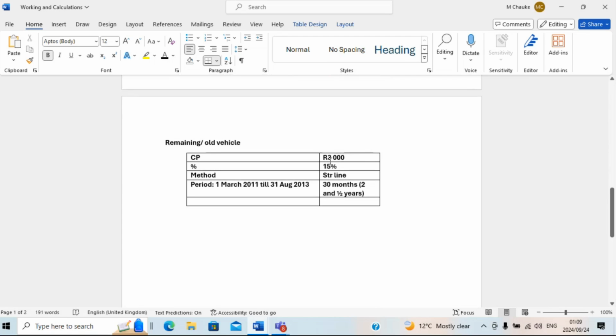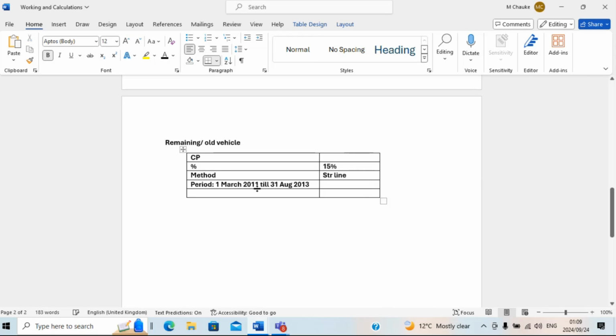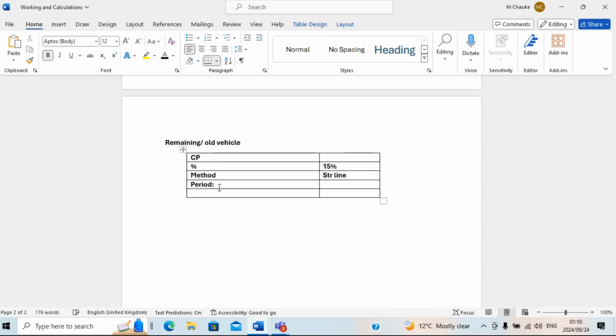Then here we have to remove the cost, and we also have to remove the period for this one. Remember, I told you that the period for the remaining or old vehicle has to be 12 months.